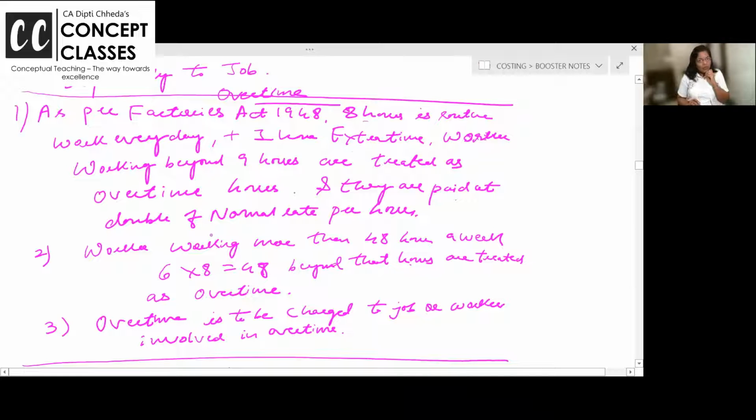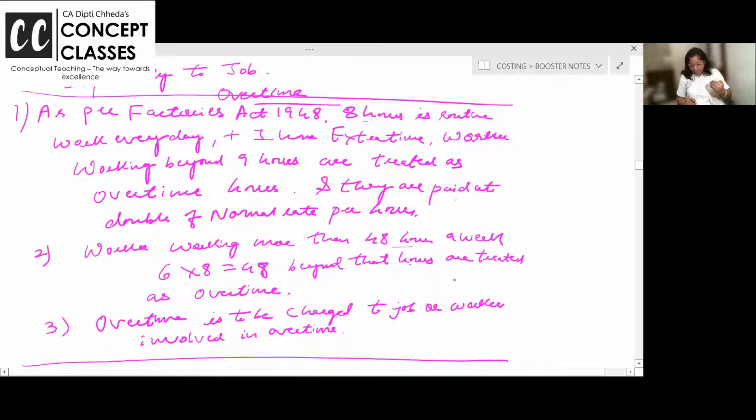Are you getting what I am saying? Overtime: 8 hours plus 1 hour extra, 9 hours. But if you are working for 10 hours, the 10th hour's work will be paid at twice the rate, as if you have worked for 2 hours. And in total, in a week, a worker is required to work for 48 hours. 6 days a week, 7th is Sunday holiday, 6 into 8, 48 hours.